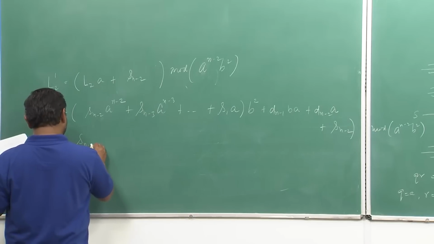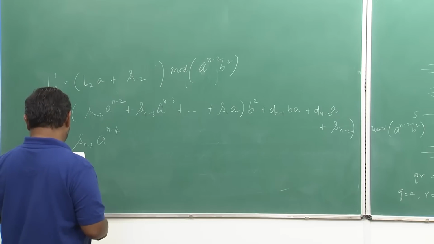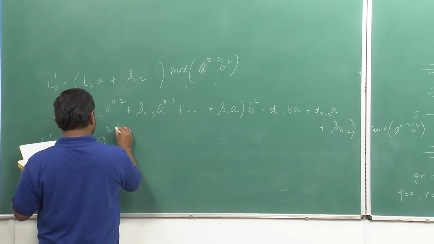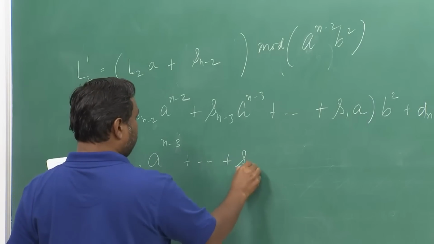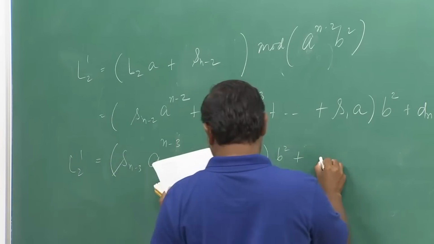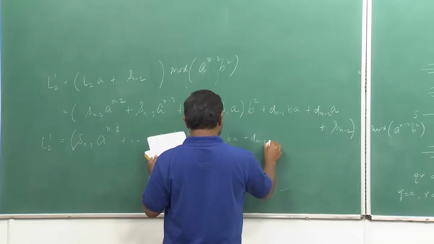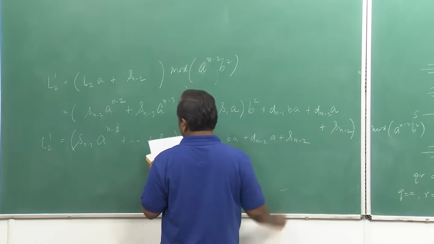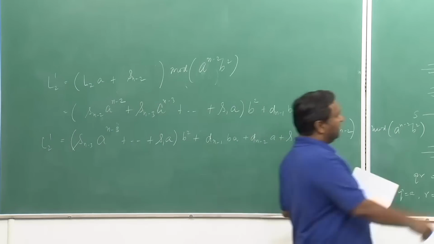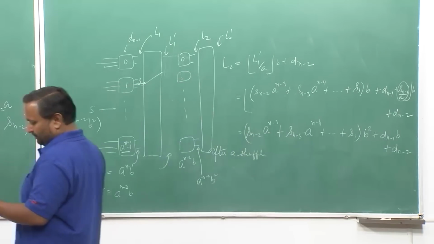So I will have Sn minus 3 a n minus 4, and from there, L2 prime, which is here, I can again have the set of switches and then get the output of that. So I am interested in what is L3 prime, L3 actually.